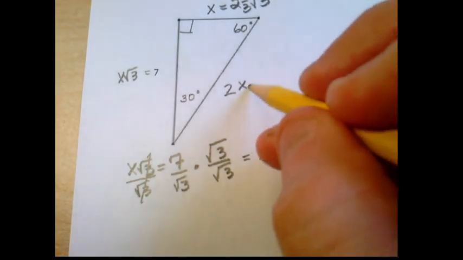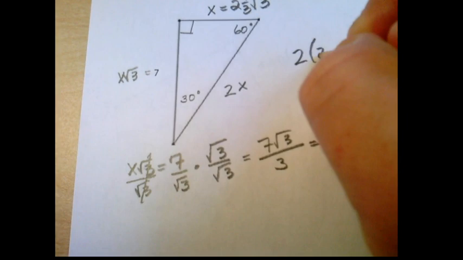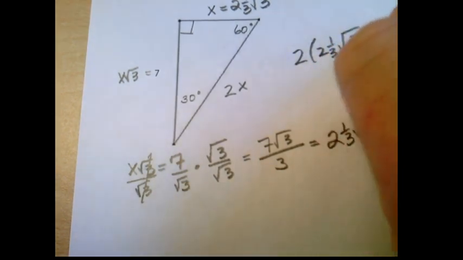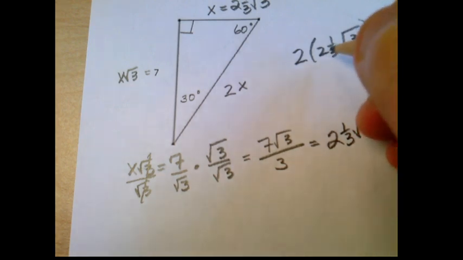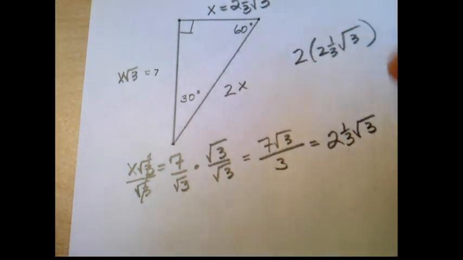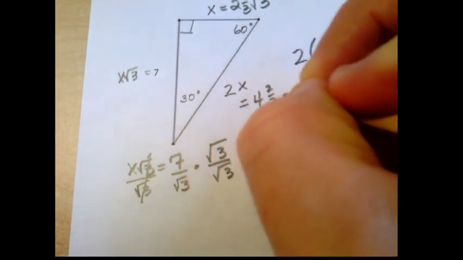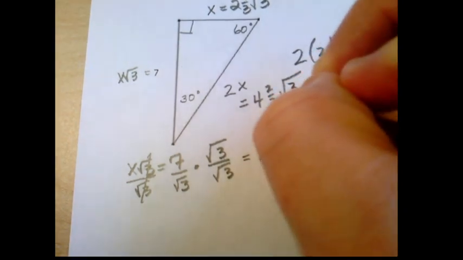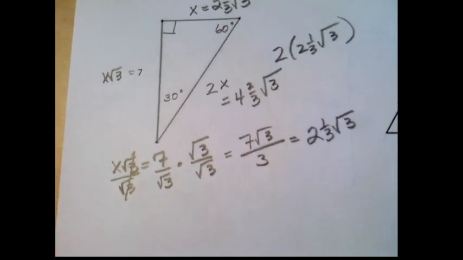And then the hypotenuse is going to be double this length right here. Well, if I double 2 1/3 radical 3, like with like, 2 times 1/3 gives you 2/3, so this length right here is going to be 4 2/3 radical 3. Oh, did I go down too far? There we go. Yep. No, we're good.